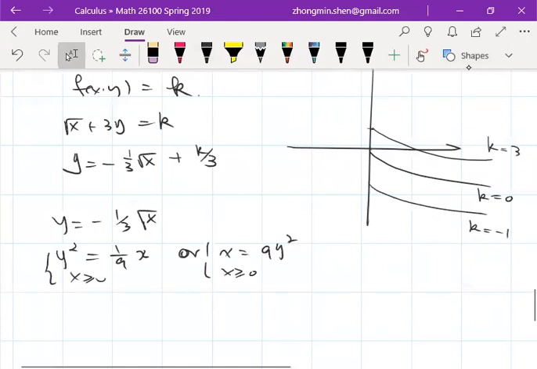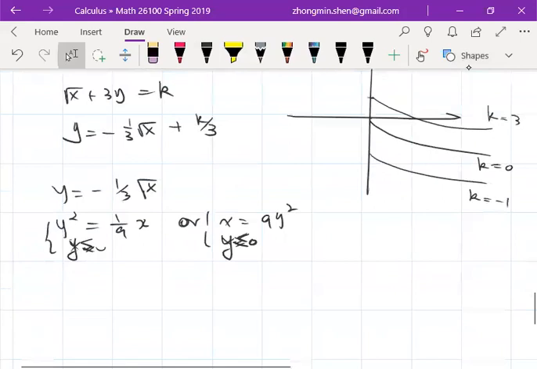But wait a minute. y cannot be positive, y is negative. So that's why you can only draw the part of the parabola below the x-axis. Looking at the equation, y equals negative 1/3 square root of x, so y cannot be positive. So the graph of this equation is only half of the parabola, below the x-axis.